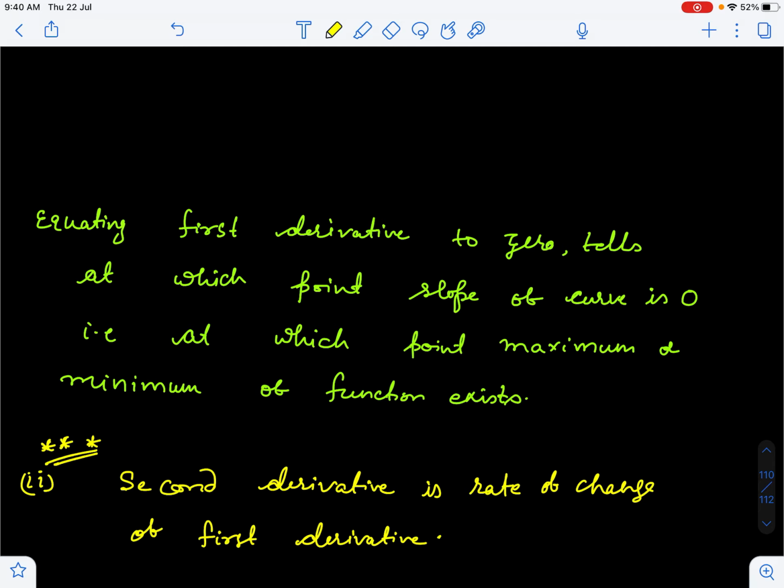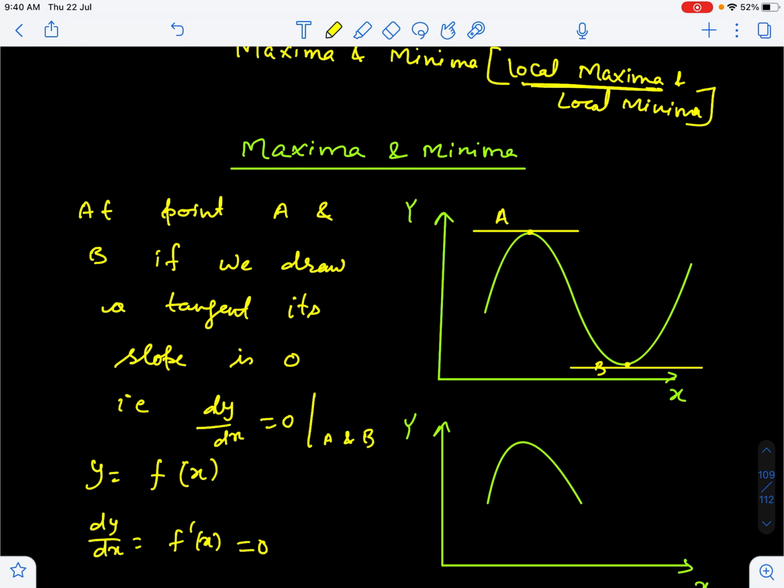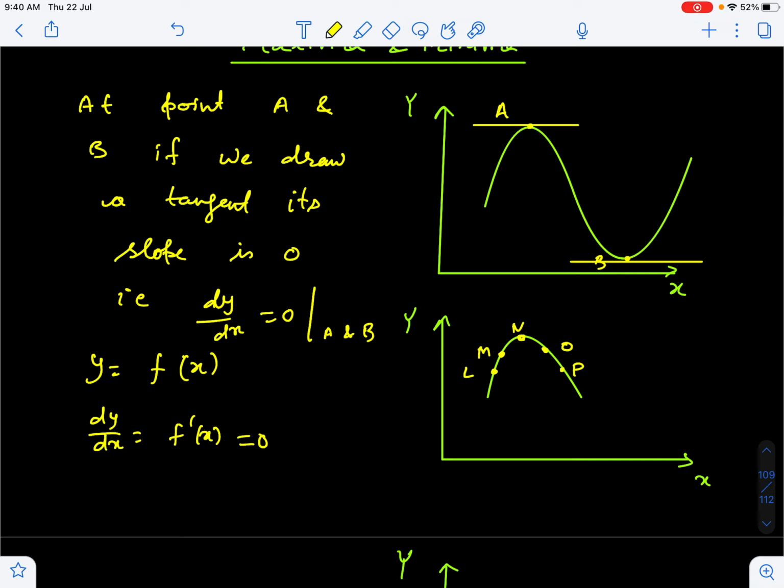Suppose I have taken some points like this, let these points be L, M, N, O and P. Suppose the slope at point L is 5, this becomes 2 and this becomes 0.